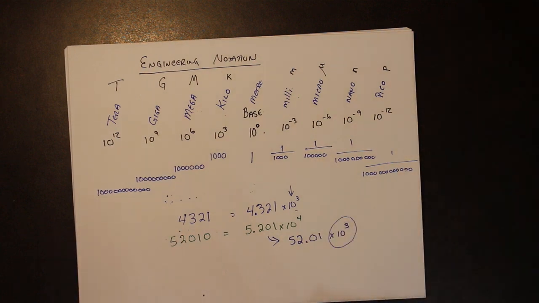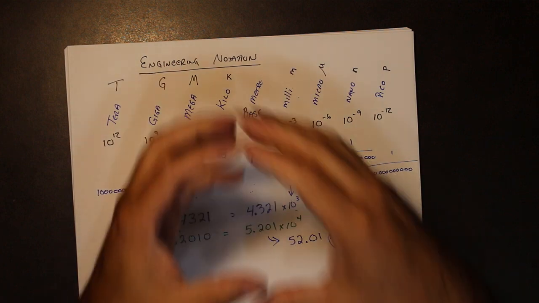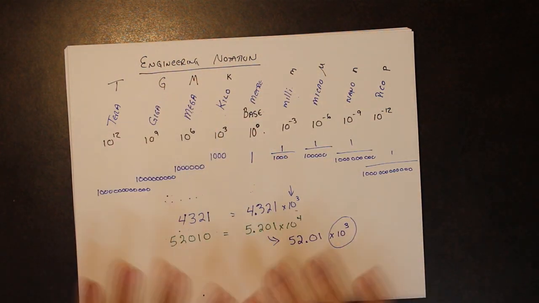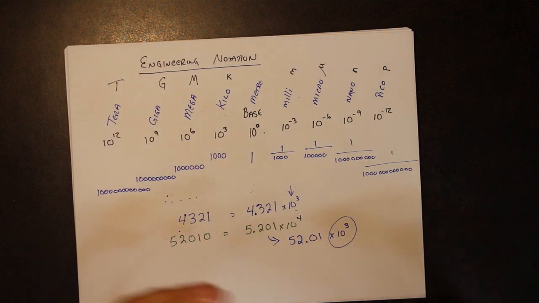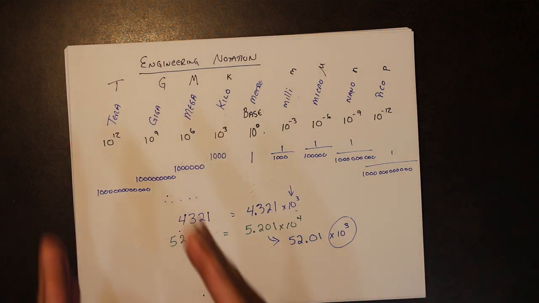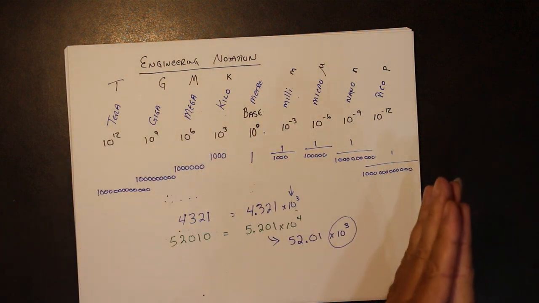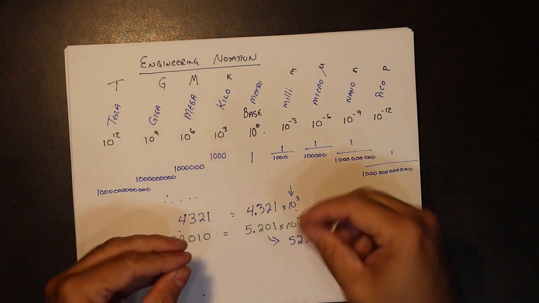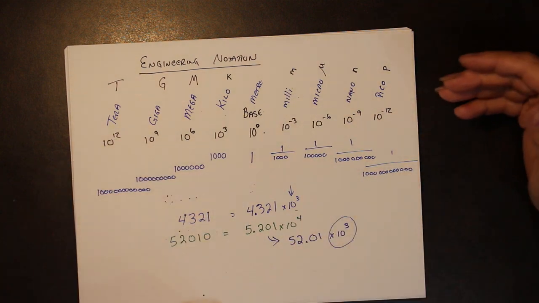So engineering notation has a direct correlation with the way that we talk, not mathematics. It's manipulating scientific notation expressions and picking a few of them so that we can give them names when we're speaking about it.